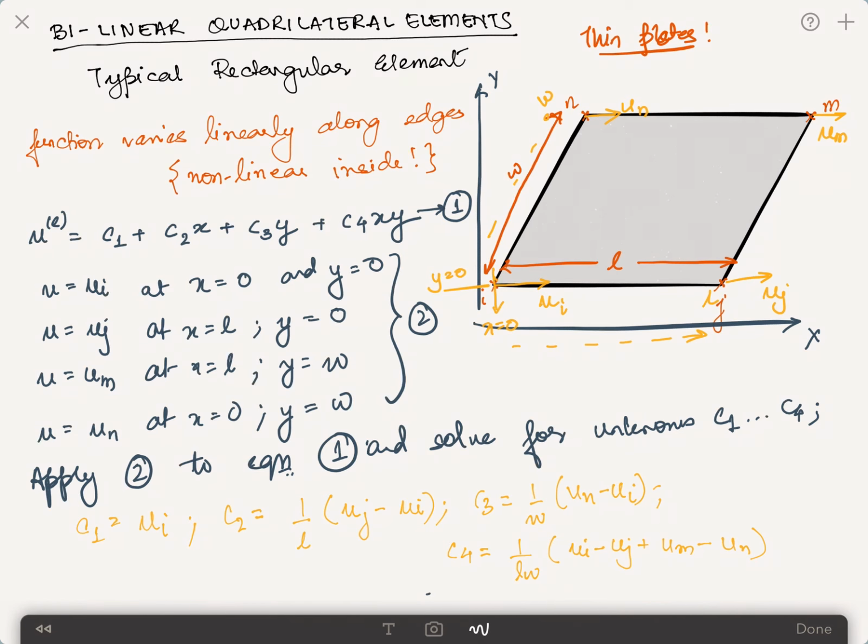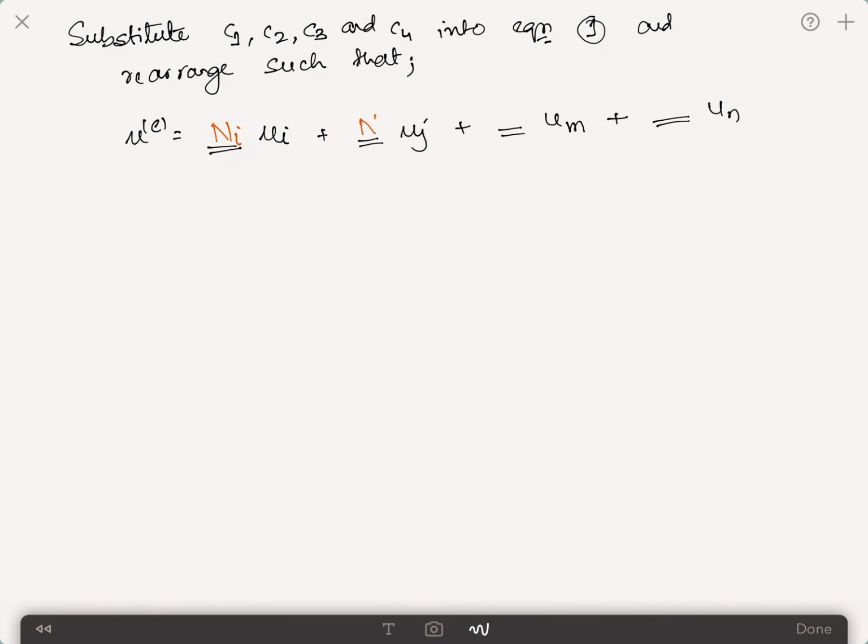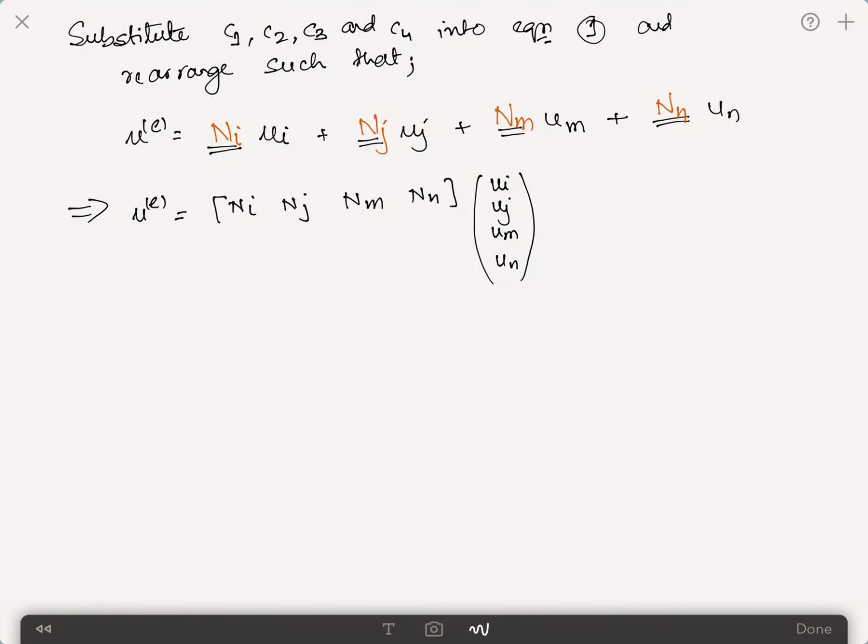And of course, this something is nothing but the shape functions Ni, Nj, Nm, Nn. So if I have this distribution, then I will be able to get the shape functions, and in a more compact notation, I can also write this as ue is equal to Ni, Nj, Nm, Nn times ui, uj, um, un. The shape functions, of course, I would also like to write down here because they are quite important to see what they look like.